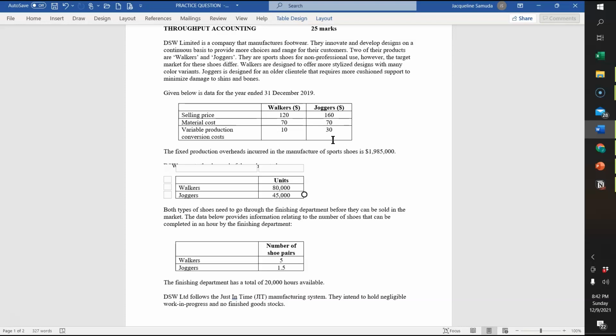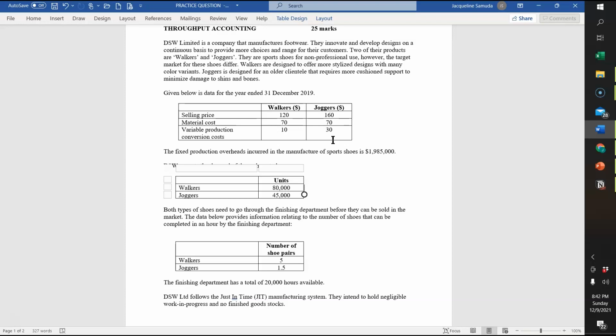Now, how do we decide which product to focus on, regardless of whether you're using marginal costing principles or throughput accounting principles? We have what is known as a ranking. In the ranking, what you're trying to do is to find out which product is the most profitable, or in our example here, the more profitable product to focus on.